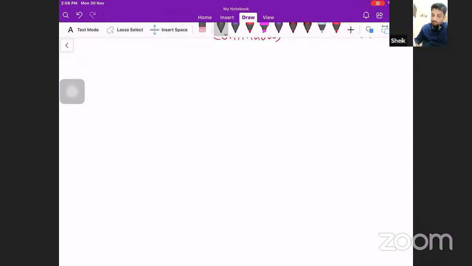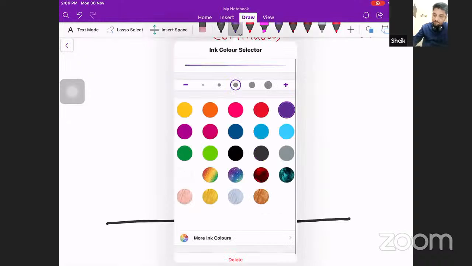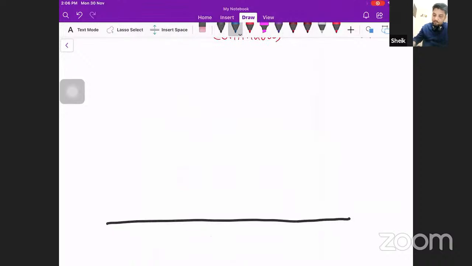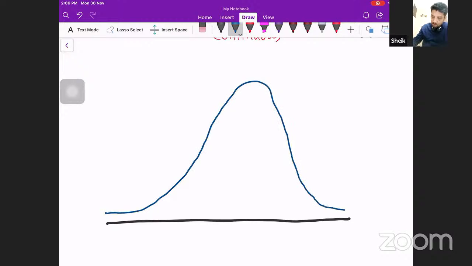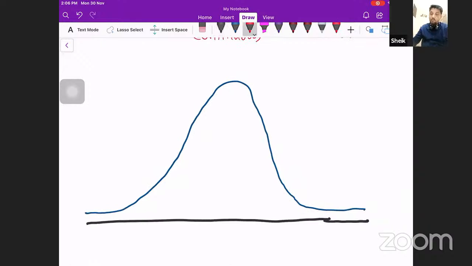What exactly is the meaning of the bell diagram? Let me talk about it.